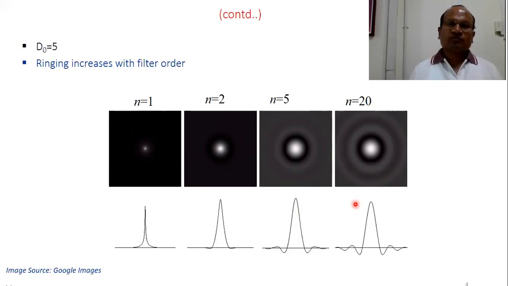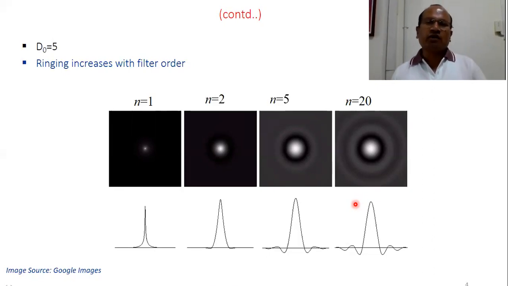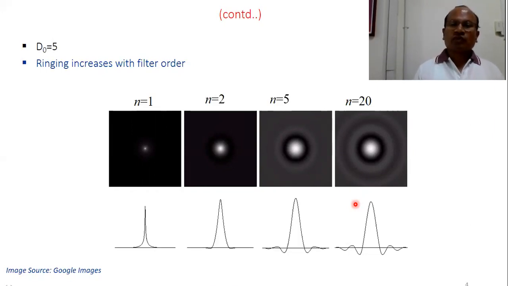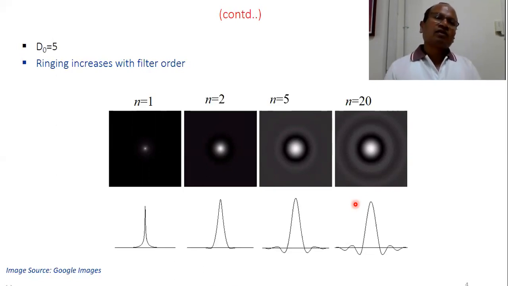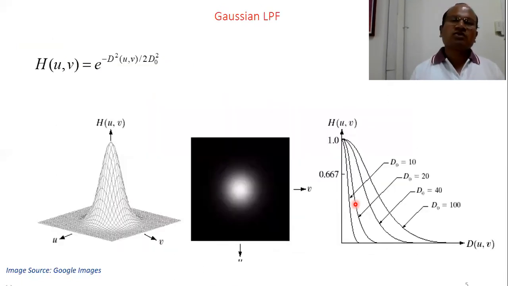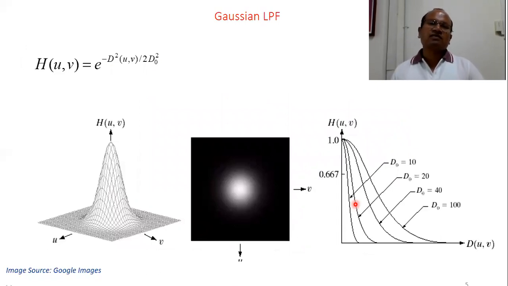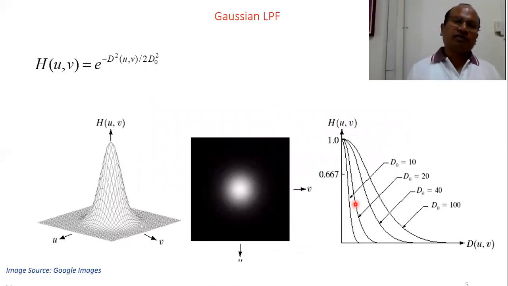When you see the image, ring-like structures appear with the original content of the digital image. So in Butterworth, we have to choose the filter order and the cutoff distance in such a manner that the ringing effect is minimum. It's not significant.